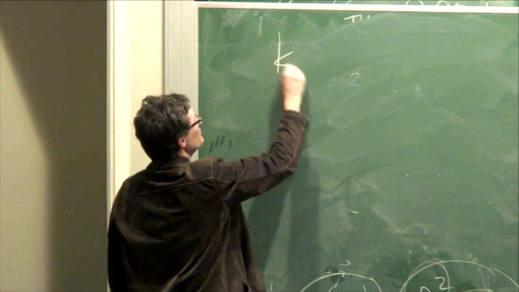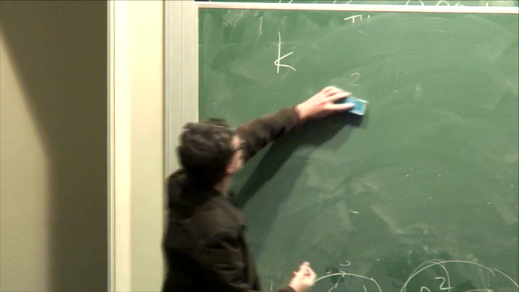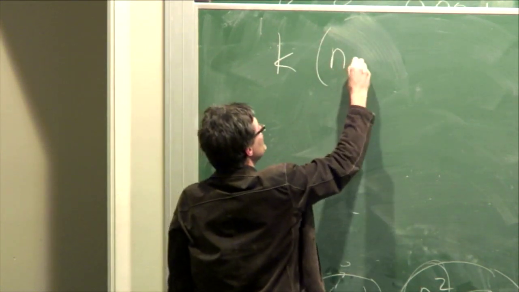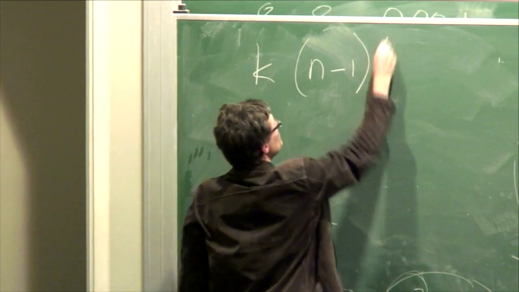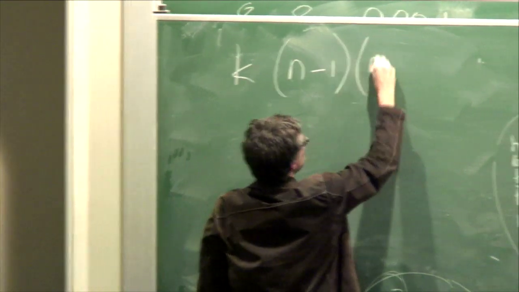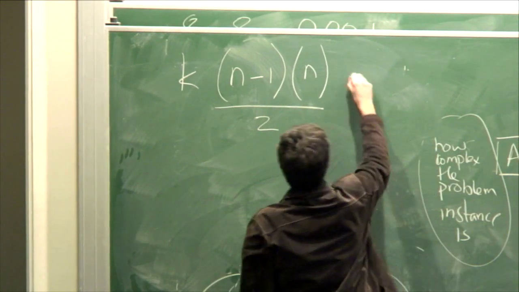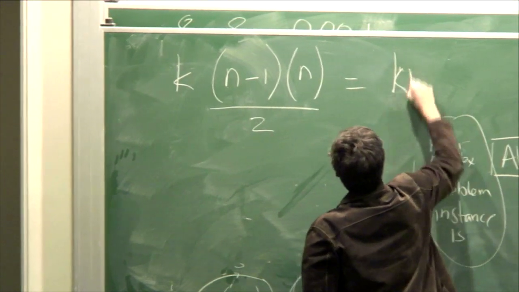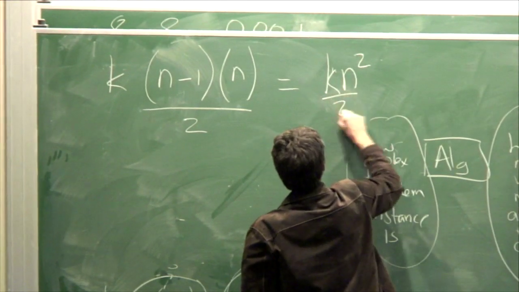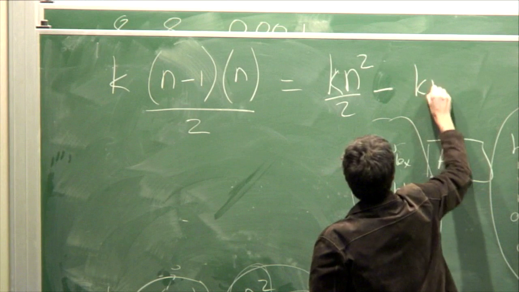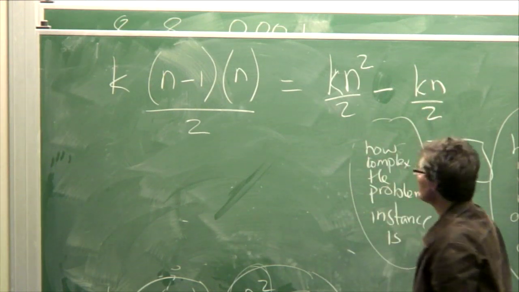It takes k work to do a swap, say, because I'm not going to care about it, so we'll just make it some number. And how many swaps is he going to have to do? Well, he's going to have to do n minus 1 times n all over 2. And if I calculate exactly how much work that is, we'll find that's kn squared over 2 minus kn over 2. That's how much work you've got to do.